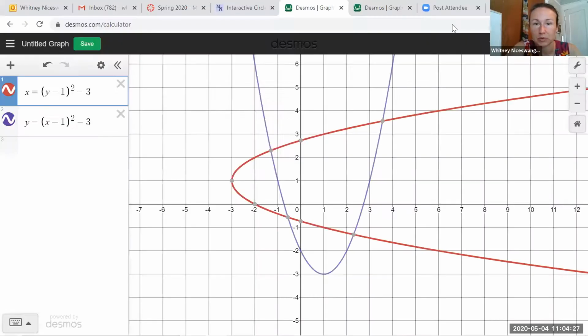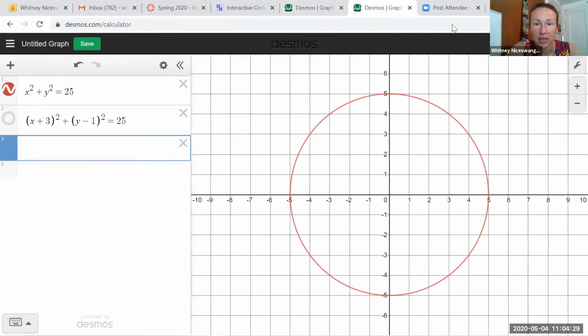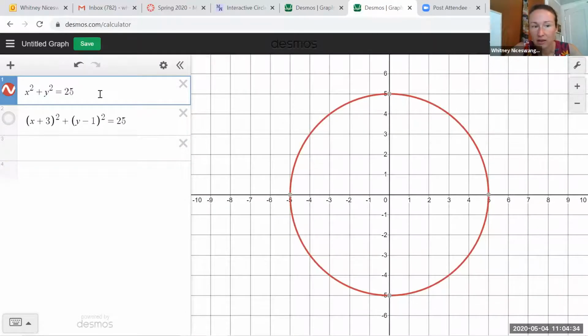Now let's go to Desmos and look at some more graphs. Here we go. So we've got our first graph here: x squared plus y squared equals 25.